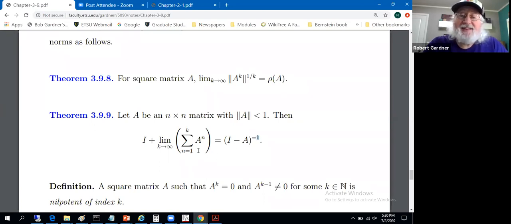This is exactly like a geometric series. And the proof will be quite similar to the way you show a geometric series can be summed to give 1 over 1 minus the ratio. So this is behaving exactly like a geometric series. We've even got the condition that r has to be less than 1. Well, okay, the norm of matrix A has to be less than 1. So this does look familiar if I couch it in the right language.